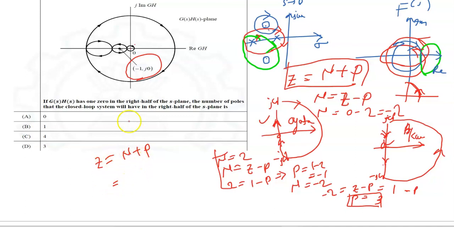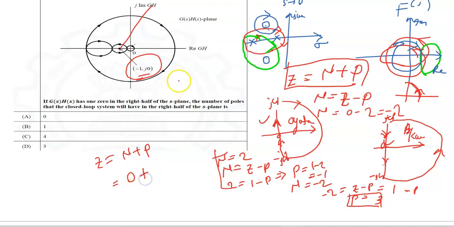What is the N here? The net number of encirclements of minus 1 j0. So draw a straight line from the minus 1 j0 point and count the number of encirclements. We see that we have 2 encirclements but with opposite orientation, so the net number of encirclements is 0.